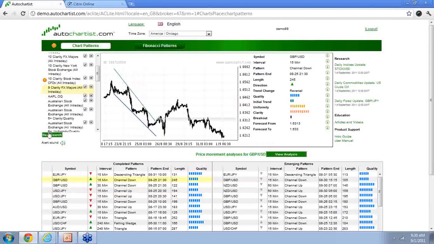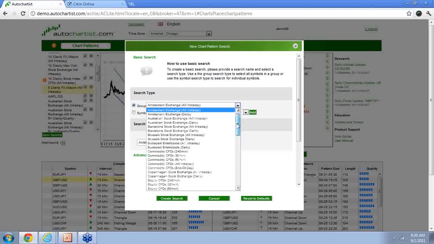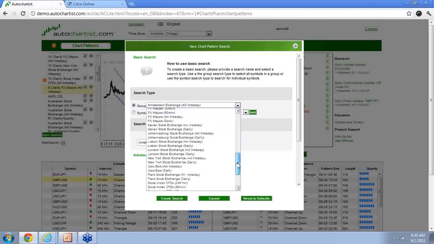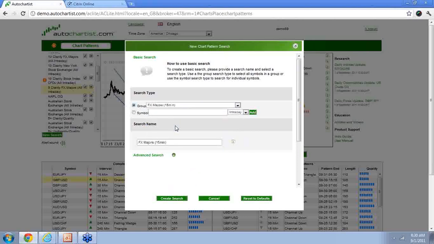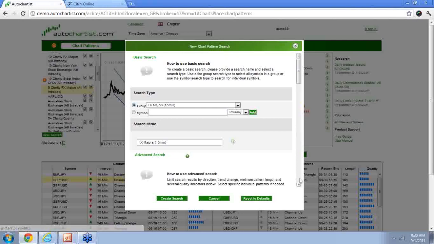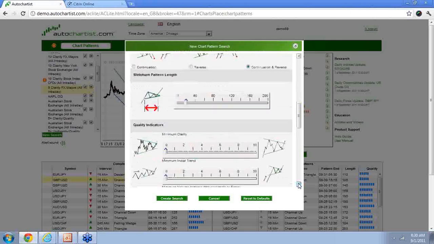If I wanted to, as I mentioned about the relationship between the chart you're looking at and clarity, I can go to this particular search engine, and I can pick out 15-minute FX majors. Okay, if that's the time period that you want to trade on, you have to remember, for clarity purposes, that the shorter the time period, the greater the noise.